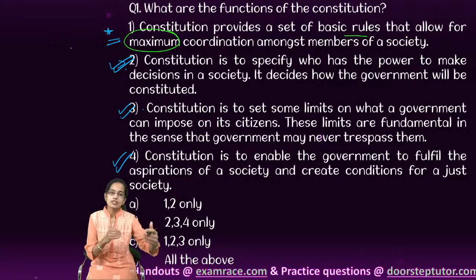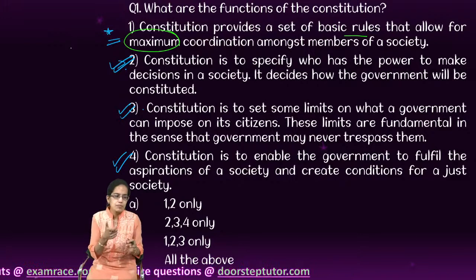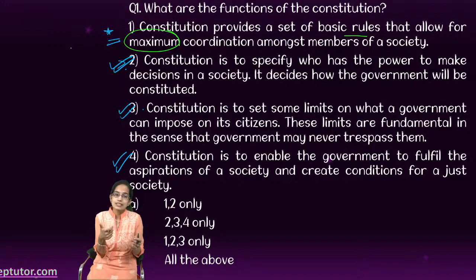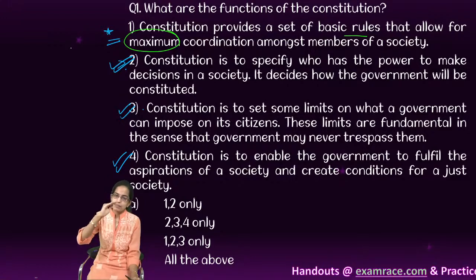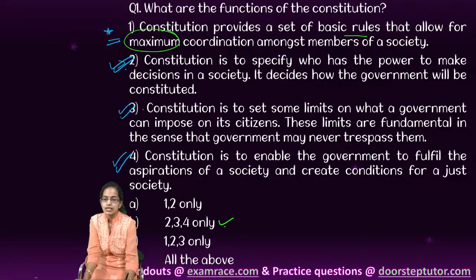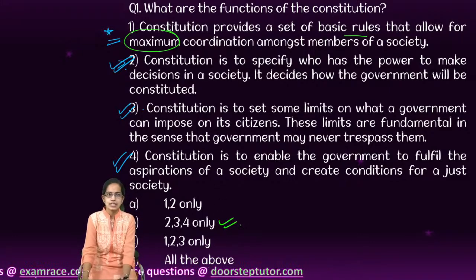Beyond that, things would be allowed. So it is the minimum rules for governance, not the maximum rules for governance. The basic rules are set based on the minimal aspect. So B here is the right option. This is directly from the NCERT section.